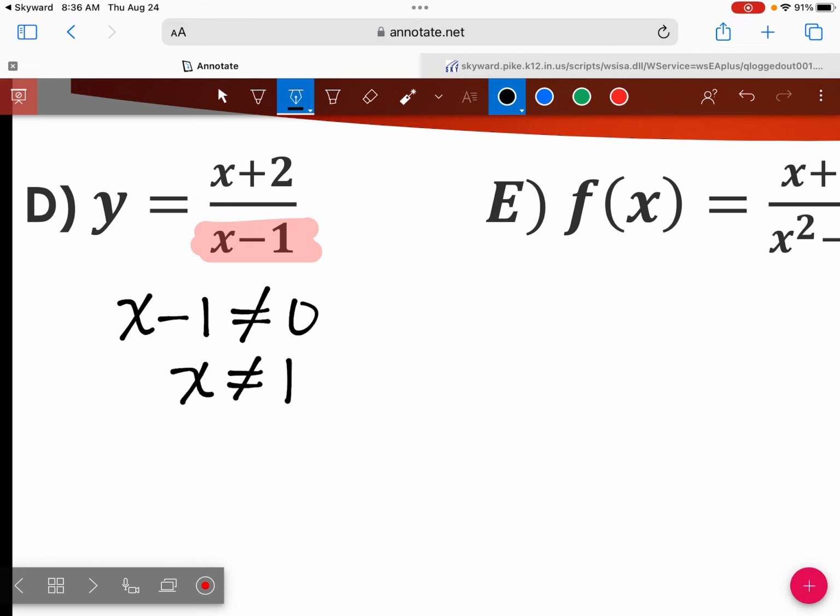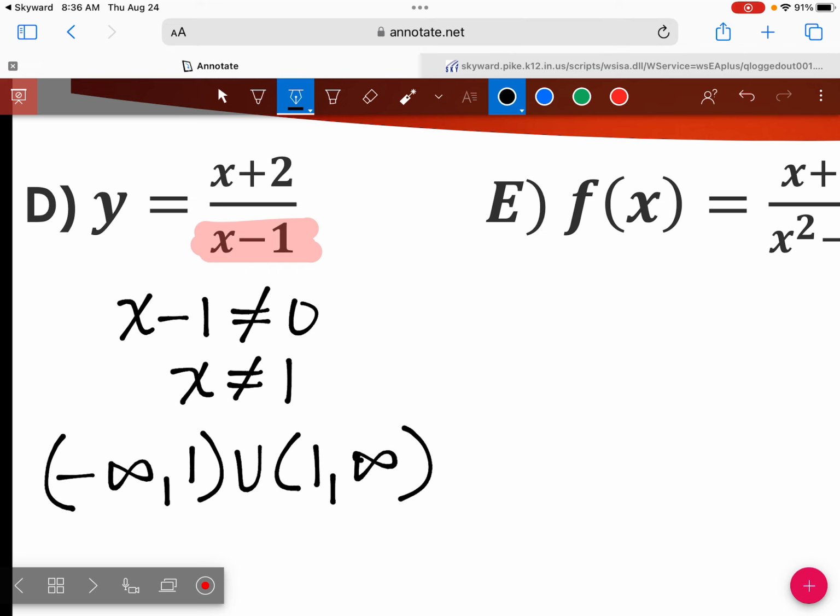So my domain is going to be from negative infinity to 1, union 1 to infinity. Whenever it cannot equal, when you have a denominator, we have no brackets. This is my domain.